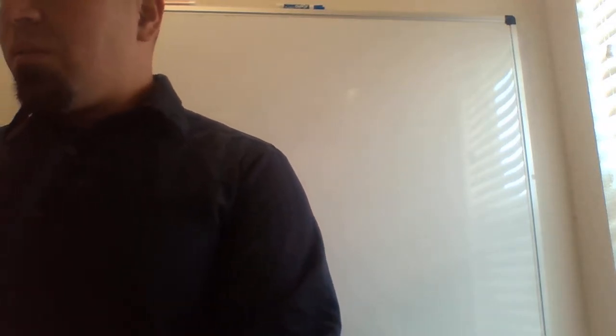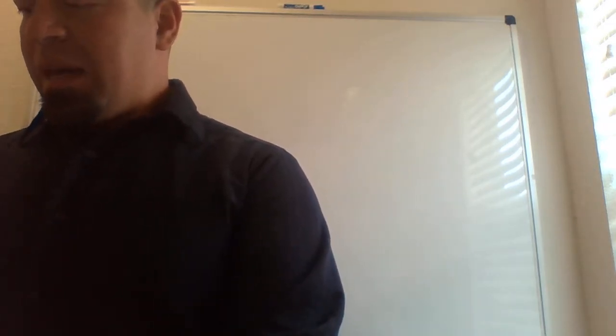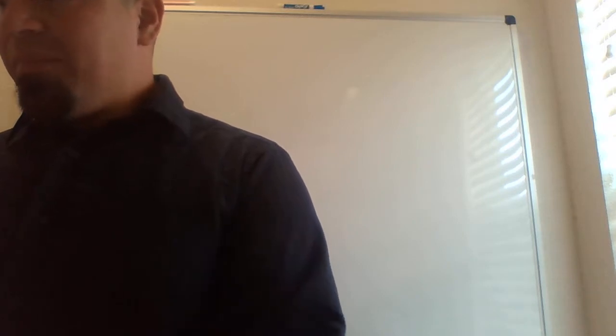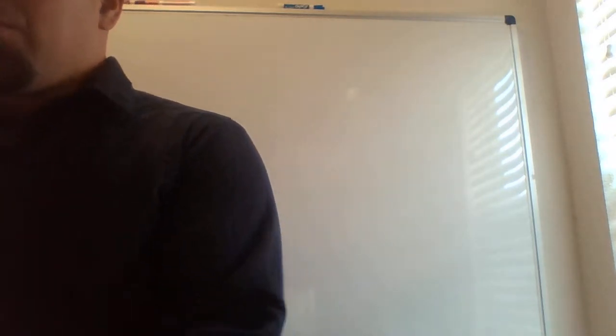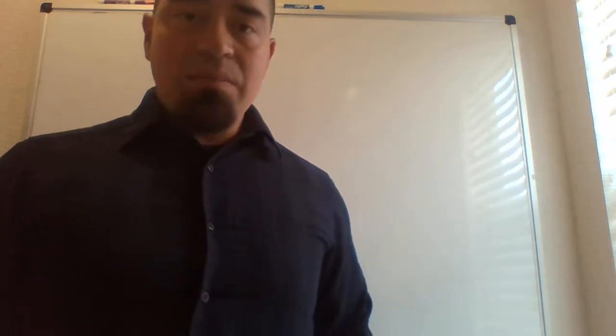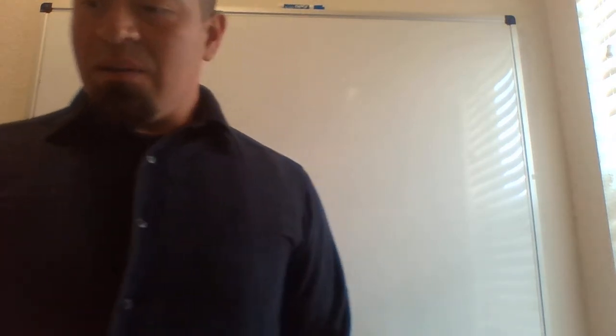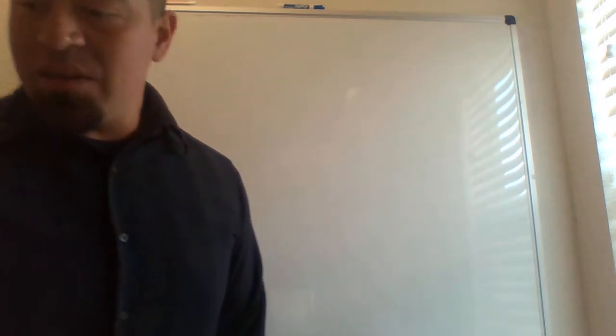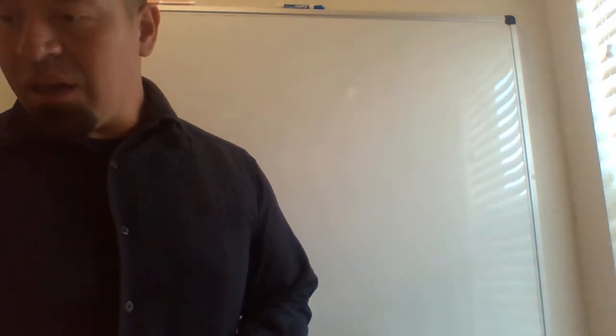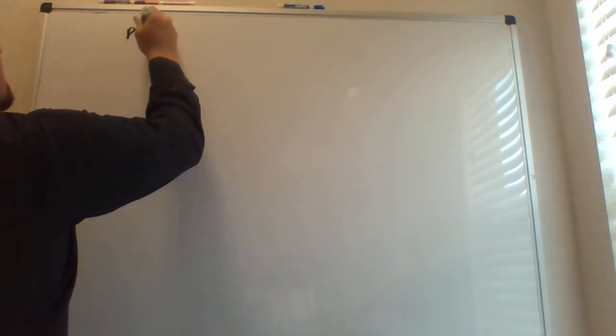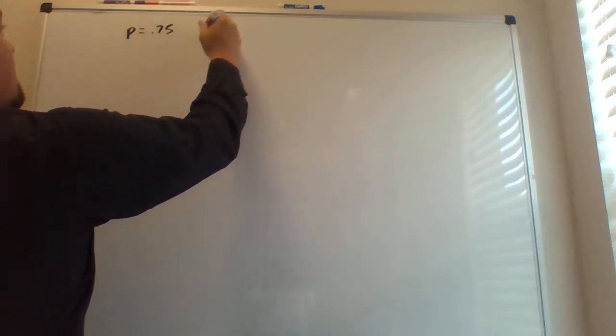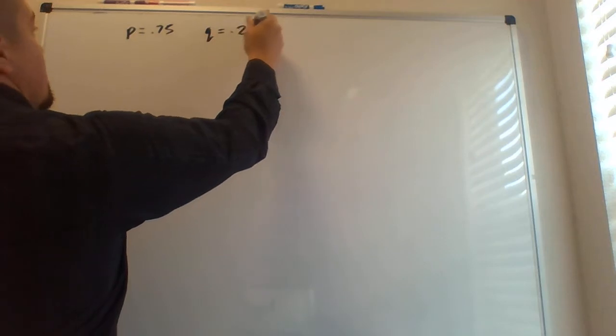The first one I'm going to go over is on slide number 28, which is a follow-up of what we did in class on Mendel's experiment of the green peas and the yellow peas. In this case, p is going to remain the same and q is going to remain the same. This is the probability of a green pea, and q would be 0.25.